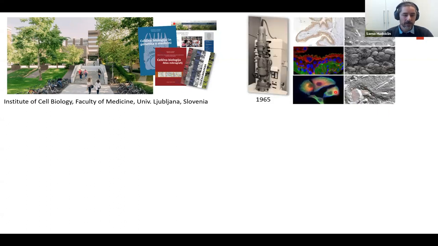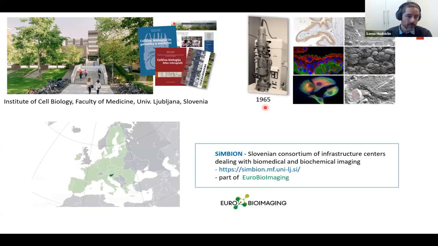But on the other hand, microscopy has long been present at the Institute. We have a rather long history of electron microscopy, and it has to be mentioned that we are also part of Euro-BioImaging. The Slovenian node is called Symbion, so we have some access to other equipment also through this channel.